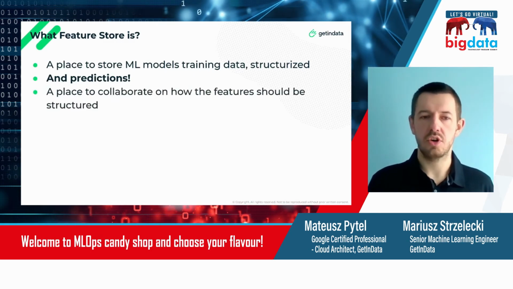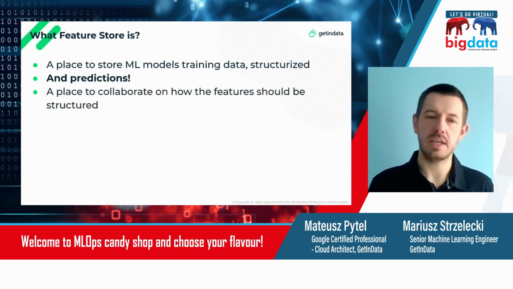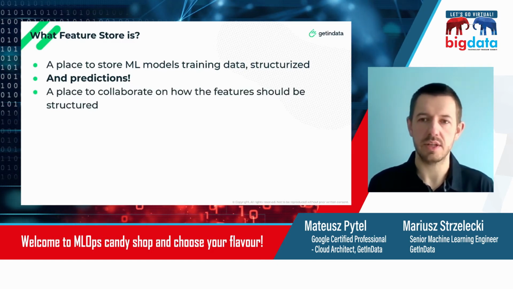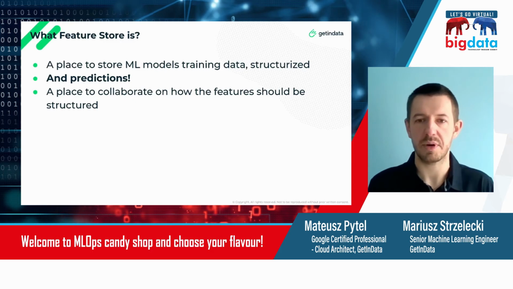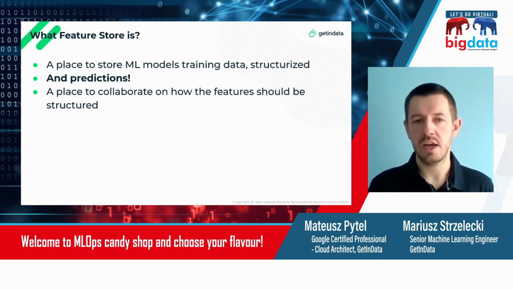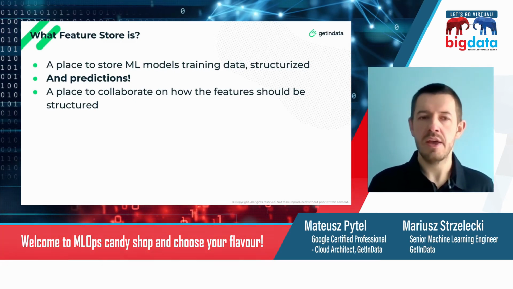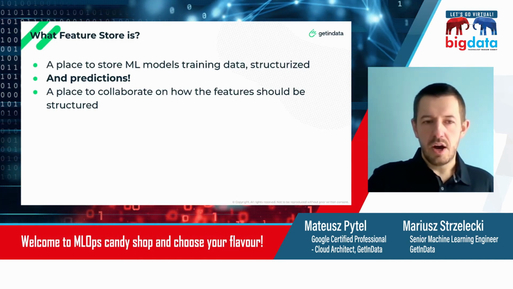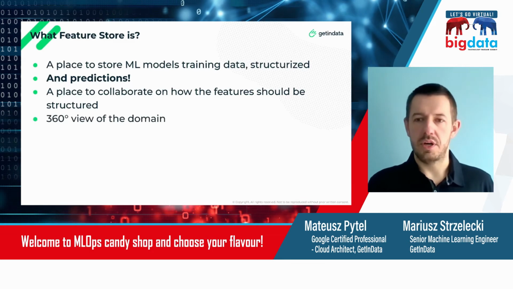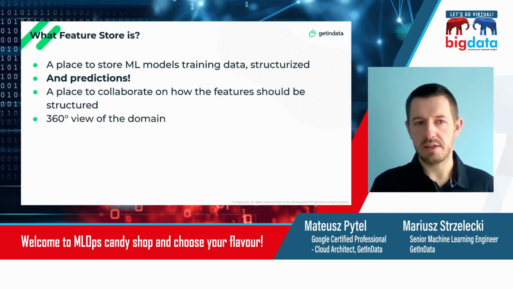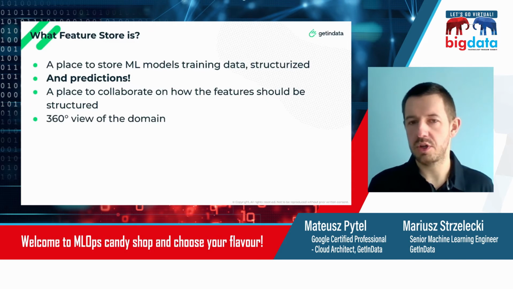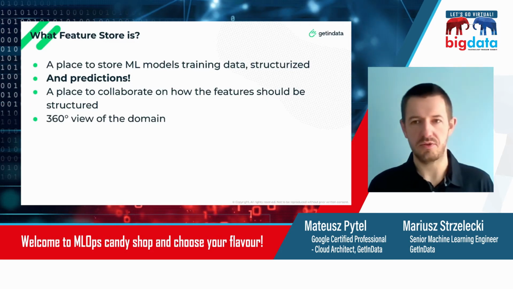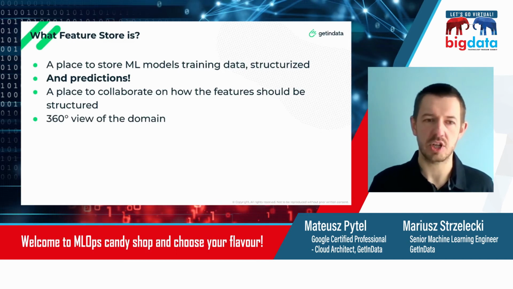Also, this is a place for collaboration because if the features in the feature store are going to be used by different models, by different data scientists across the company, there should be a place to collaborate, to discuss them, to maybe find the best way to store some data. Also, what we found on our project is that a feature store presents something that we used to call a 360-degree view of the domain of your client, of your customer, or of your subscriber.